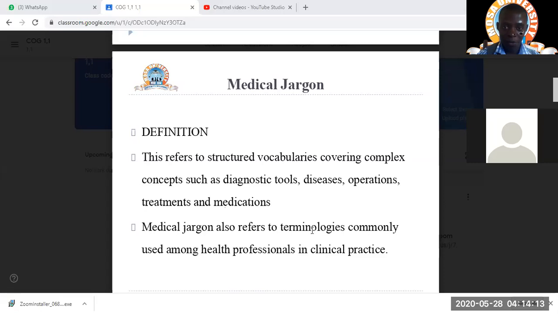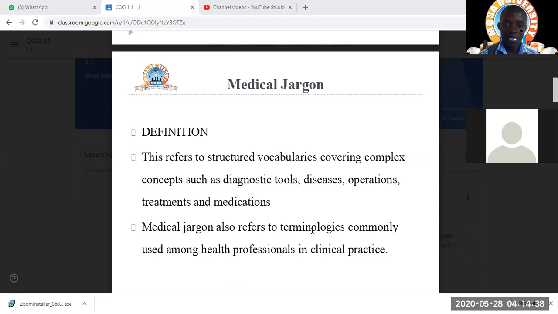In a layman's language, jargon means a language. It means a vocabulary. It means a structured way of communicating. So in medicine, there is a jargon, a language that is used. When a doctor is telling another doctor the problem that a patient has, there is a scientific way of explaining the problem.